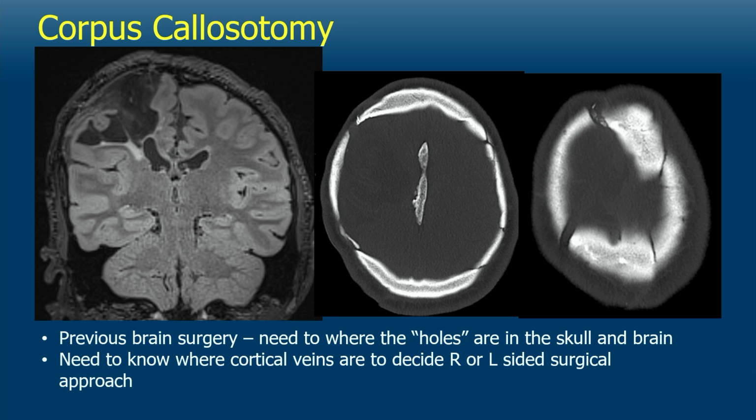In discussion with our neurosurgeons, the information that they want from us is as follows. Firstly, where are the holes in the skull and where is it located relative to the hole in the brain? And the third piece of information they want to know: where are the blood vessels on the surface of the brain relative to the hole in the brain?